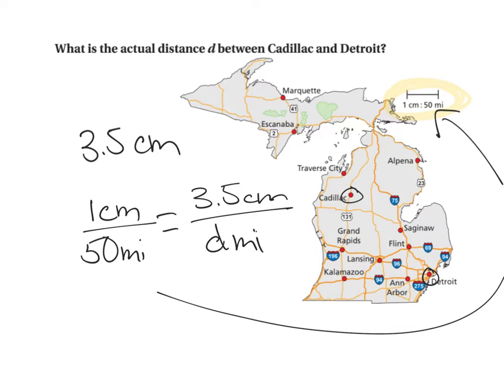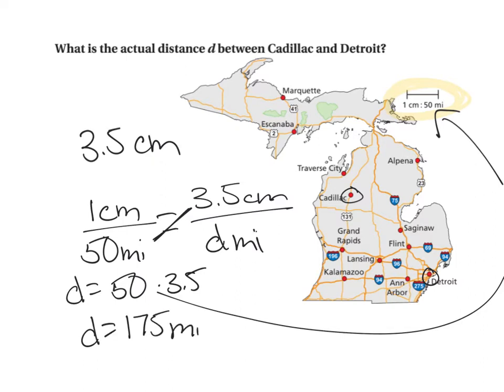I would do cross products. Okay, and I would take 50 times 3.5 to get my D, because D is just times 1, so that's really just D. Okay, so if I take 50 times 3.5, I'm going to end up with D equals 175 miles.